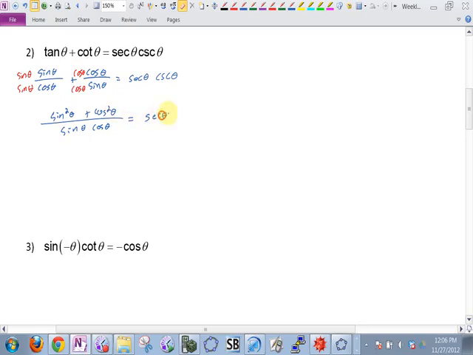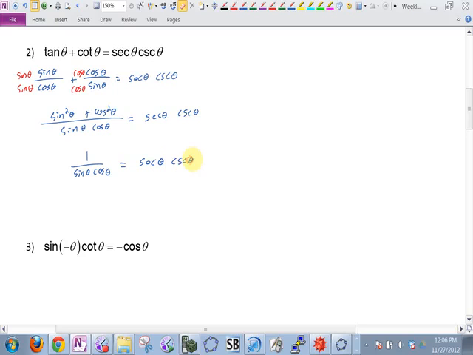I did two steps in one there: I got the common denominator and combined them into a single fraction. What is sine squared plus cosine squared? So we have 1 over sine theta cosine theta.